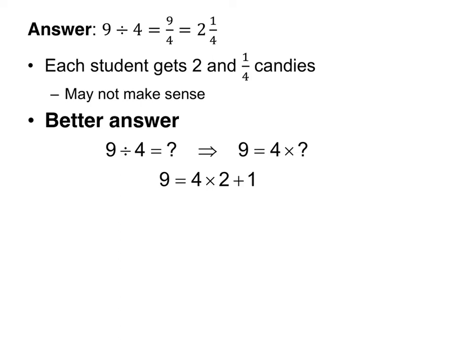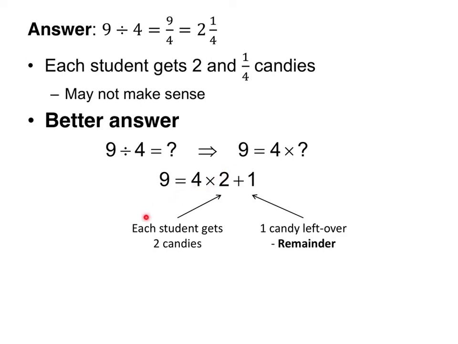So let's think about what this answer would mean. The 2 here would mean that each student gets 2 whole candies, and then the plus 1 would mean that we have 1 candy left over. And that leftover candy we're going to call the remainder. So some notation here: 9 divided by 4 equals 2, that's the number we get right here, with a remainder of 1.